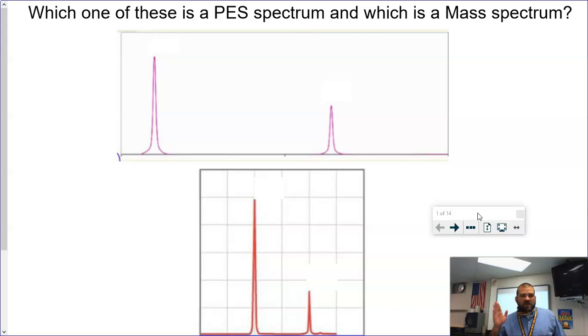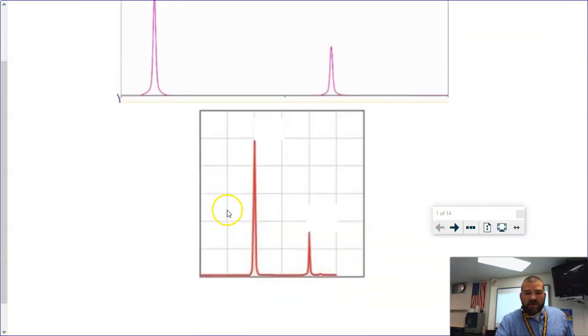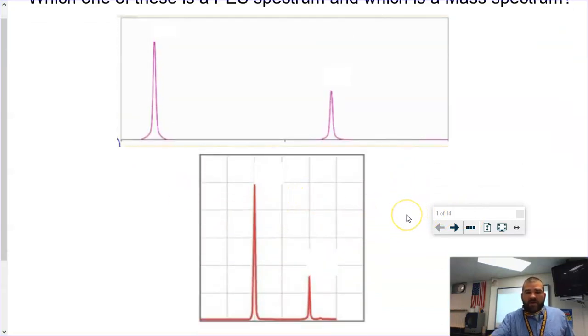And each peak represents a different orbital. The x-axis is numerically backwards, and that's the dead giveaway, by the way. That's what you want to use to identify which of these spectra is each. But of course, I was a little mean, and I completely got rid of the numbers.